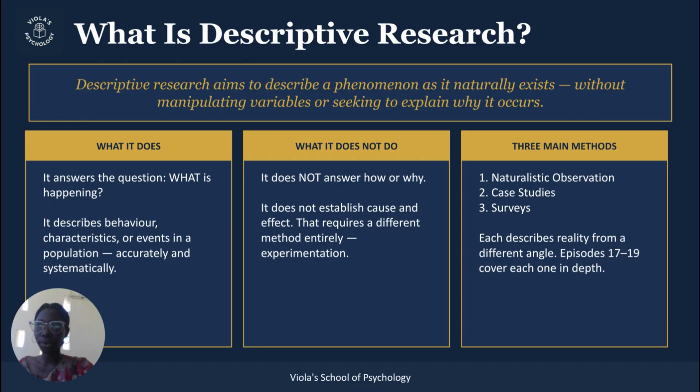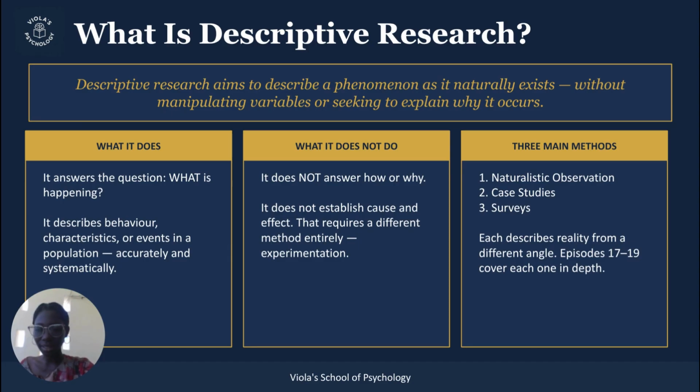Well, descriptive research has just one goal, and its goal is to describe a phenomenon as it naturally exists. Its goal is to describe a phenomenon accurately, systematically, and without manipulating anything.